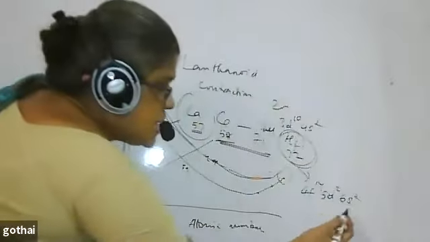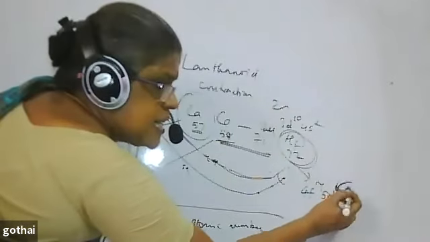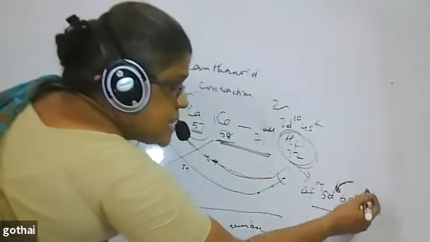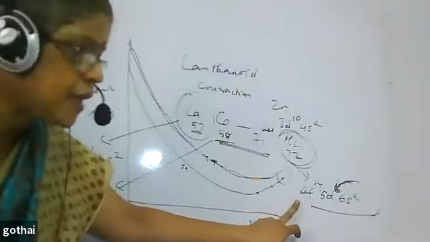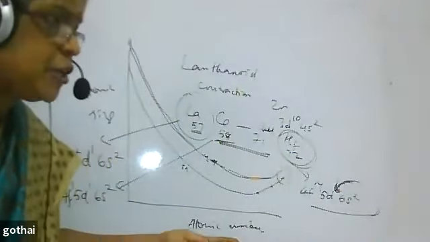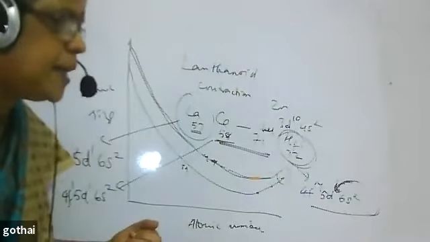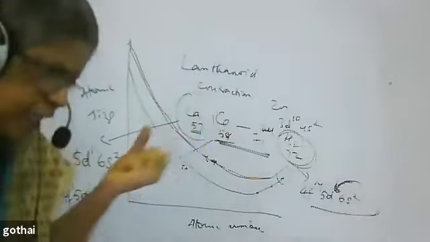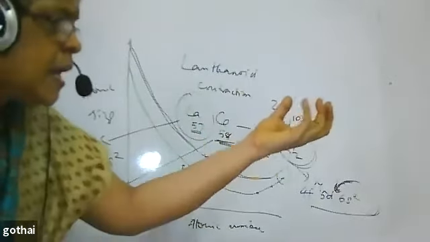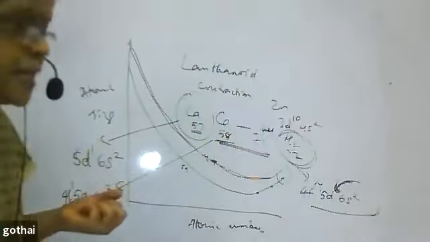So the valence electron is entering into the 5d orbital when I move to hafnium. 4f orbital is completely filled. Due to increase in the atomic number, the effective nuclear charge increases, meaning the outer electrons are held tightly by the nucleus.